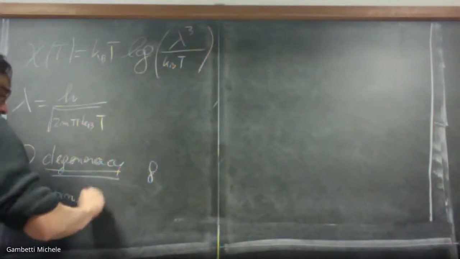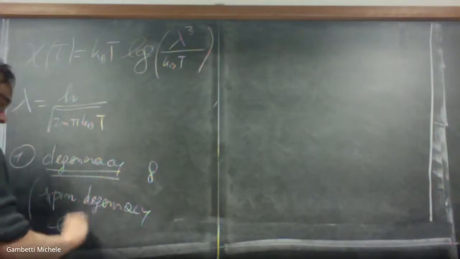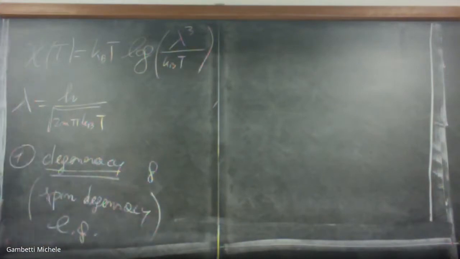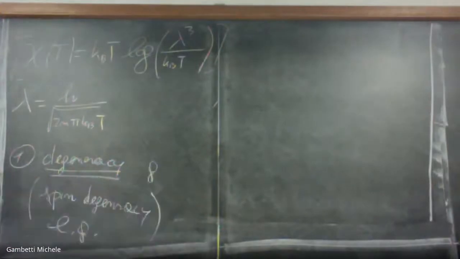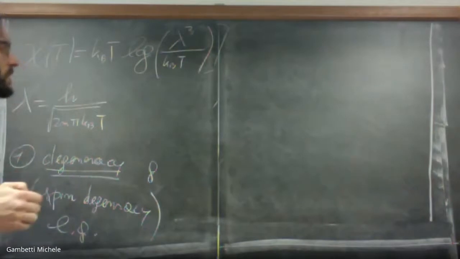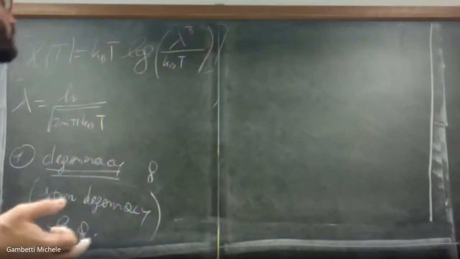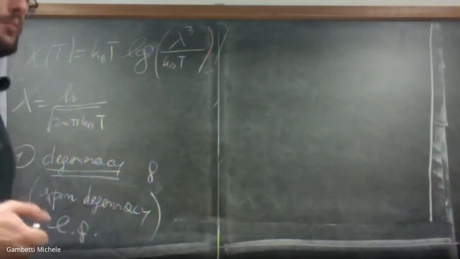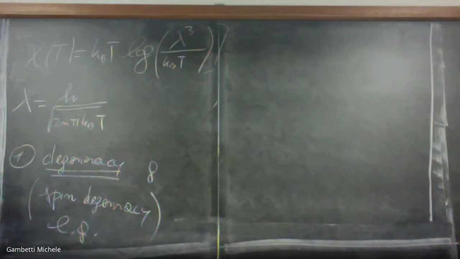Spin degeneracy. And how do I modify this function when I have a certain degree of degeneracy? We can do the calculation in the future when we study the canonical ensemble and the grand canonical ensemble in an easier way.